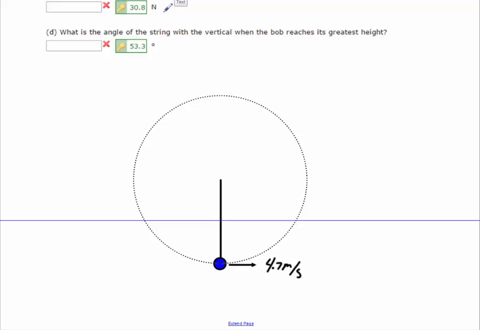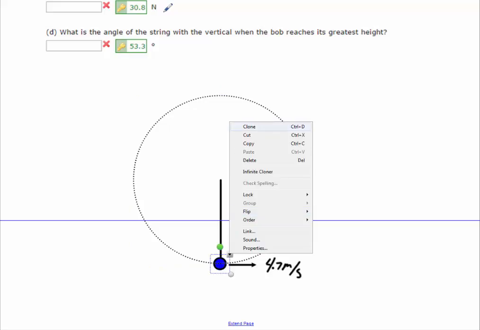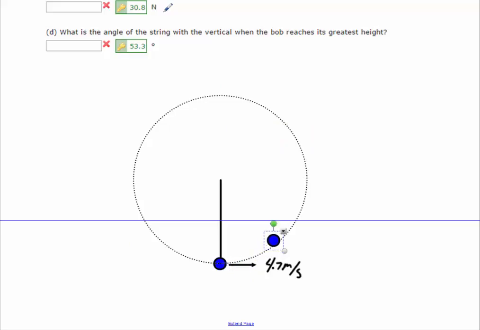Now what's going to happen is it's going to swing up. So I'm going to bring this up here at some point, and it's still going to have some type of velocity.